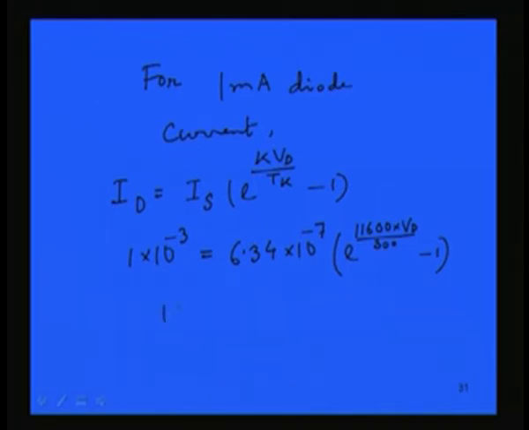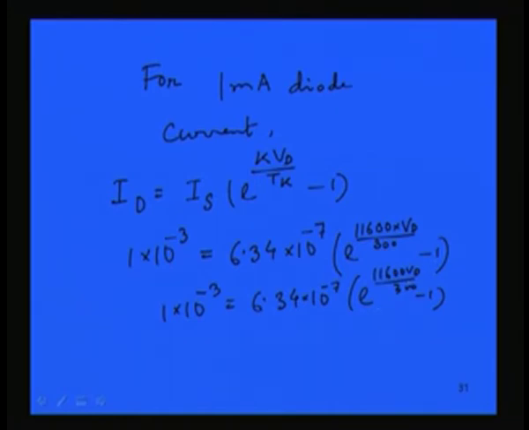Simplification gives 1 into 10 to the power minus 3 equal to 6.34 into 10 to the power minus 7 into this part you have to calculate. This whole part you keep as it is, that is e to the power 11600 VD by 300, minus 1. From here we have to find out VD.